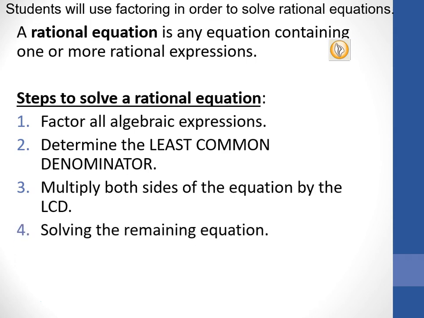And then we're going to solve the resulting equation. And then finally, we're going to check for extraneous solutions. And this is something that could easily happen anytime you multiply by a variable.